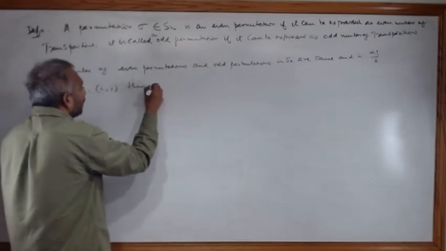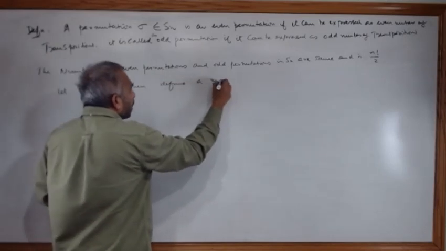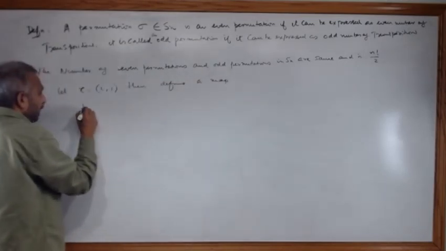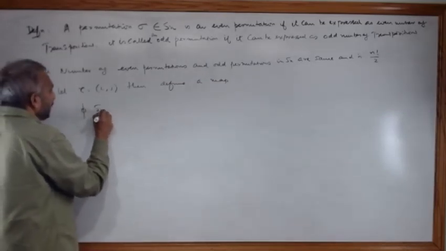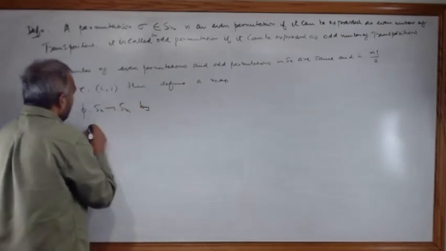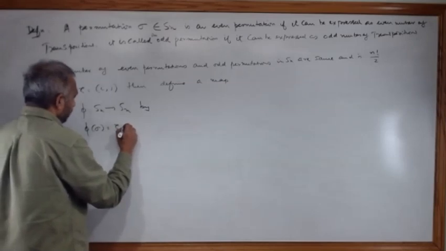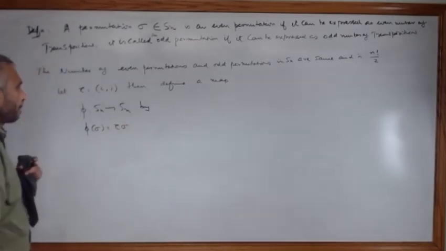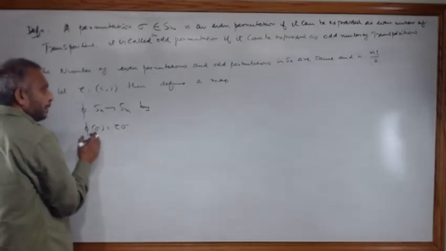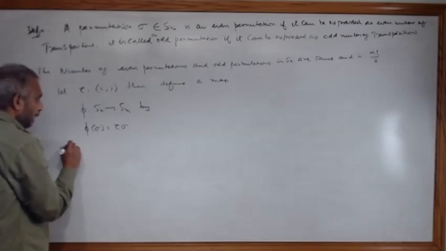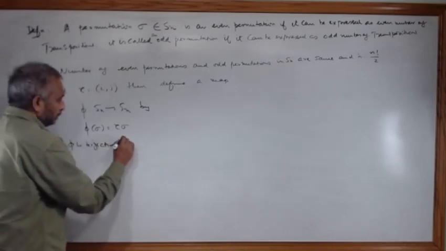Then define a map phi from Sn to Sn by phi of psi is equal to tau of psi. This is a valid map. The claim is phi is bijective. Please verify.